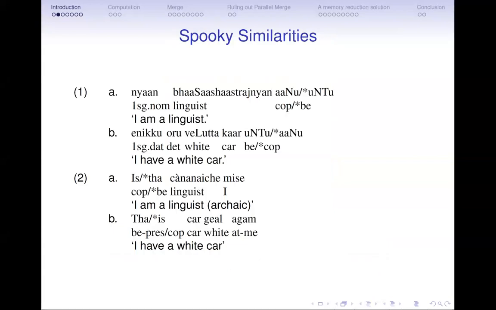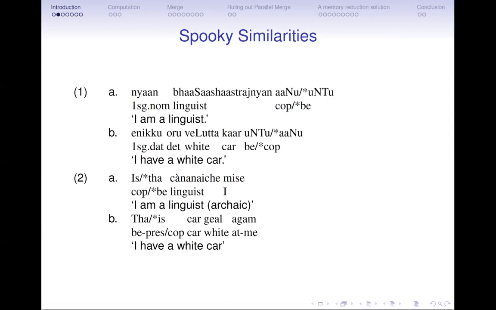At the top, you'll recognize Malayalam. To say I'm a linguist in Malayalam, you find the use of the copular verb, aanu, and not the verb which is more like the verb to be, some more general verb of existence, untu. That's how you say I'm a linguist, and you can use one and not the other.